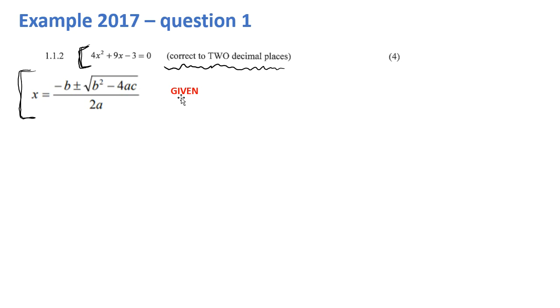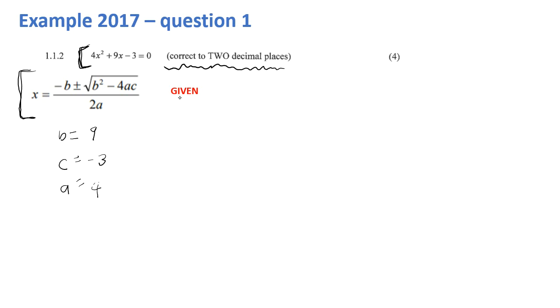Importantly, this thing is given in the exam, so you don't have to learn it off by heart. All you need to know is that the value of b equals 9, and the value of c in this example equals minus 3, and the value of a in this example equals 4. Okay.